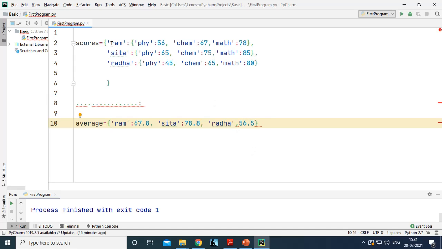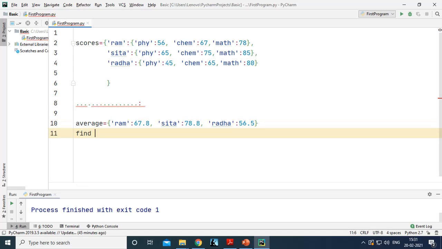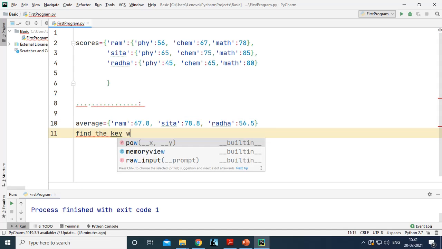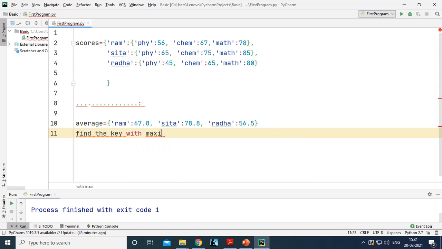You think about how you are going to convert this dictionary into that dictionary, and once you convert it, you have to find the key with the maximum value.